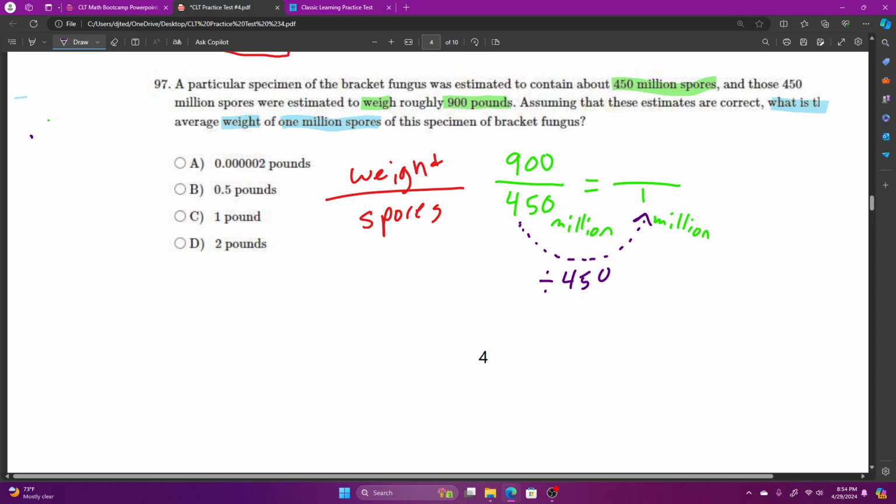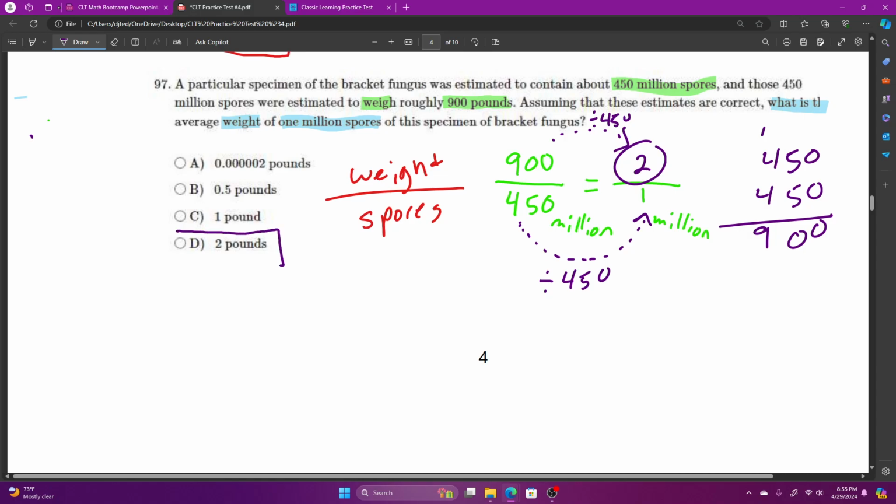If we divide the denominator by 450, then you have to divide the numerator by 450. 450 plus 450 is 900. So 900 divided by 450 is 2. Our weight is 2 pounds for 1 million spores.